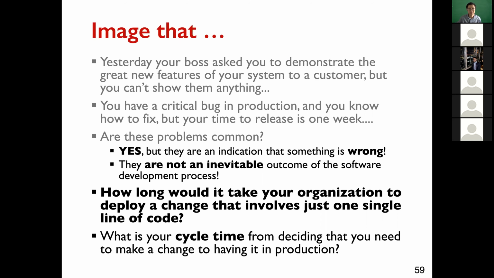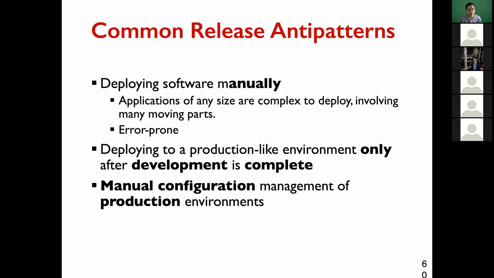Traditionally, how do people do releasing, right? People release software manually. They take the code and build it and transfer it to the deployment environment or transfer it to customers manually.